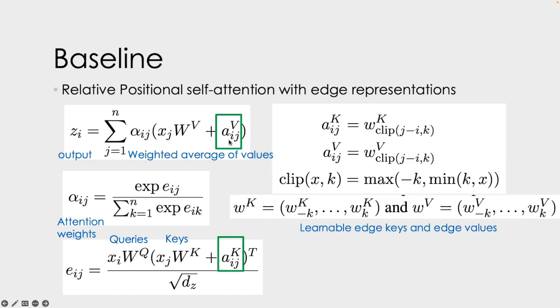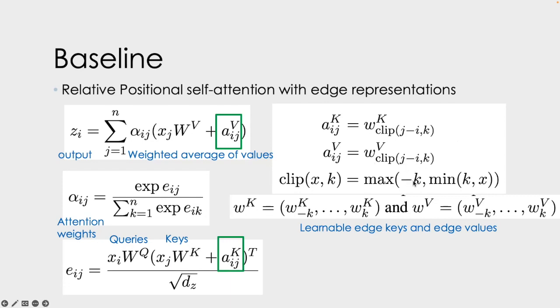It looks like a matrix, but actually it simplifies to just weights. So if j minus i is the same, basically if the distance between two tokens is 2, they have the same weight for the keys and the same weight for the values.